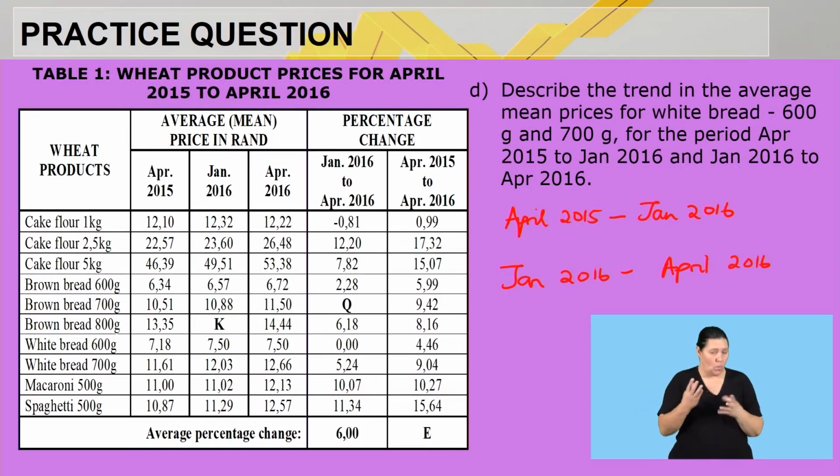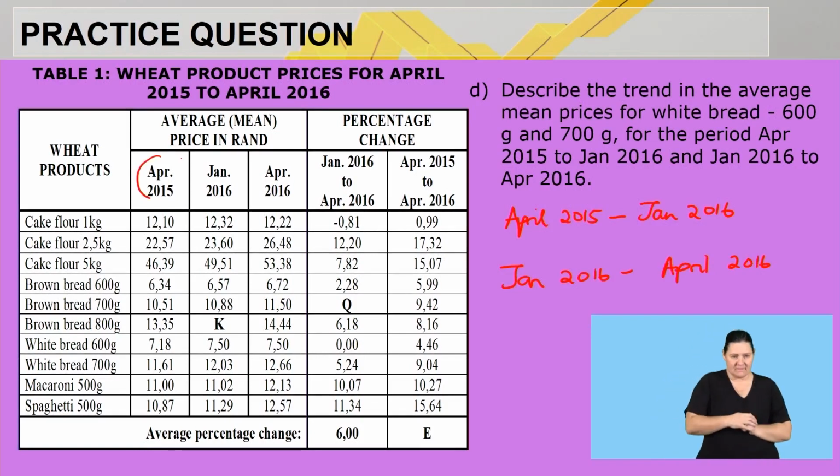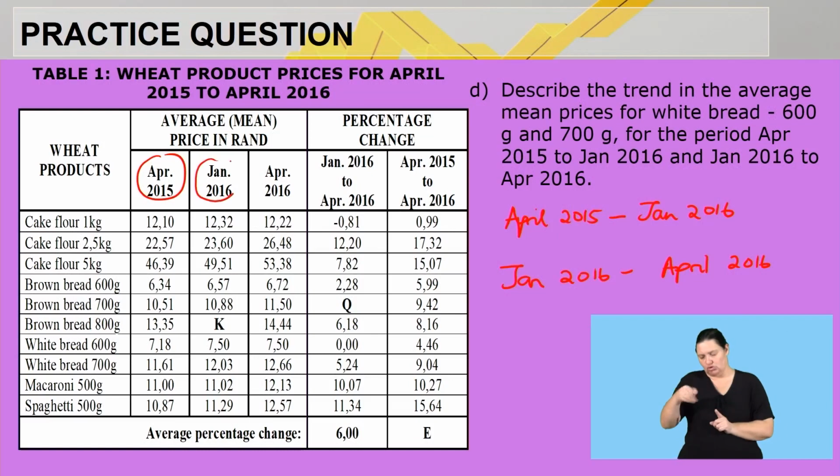I want you to work with me here. Moving to April 2015 to Jan 2016, that's the first thing we look at. We must look at the average mean price for white bread, 600 and 700 gram. So here is our white bread, 600 and 700 grams. We agree. Now let's look at what happened. Trend means describe what is happening. What do we note? Do you agree for the 600 gram, what happened to the price in that period?